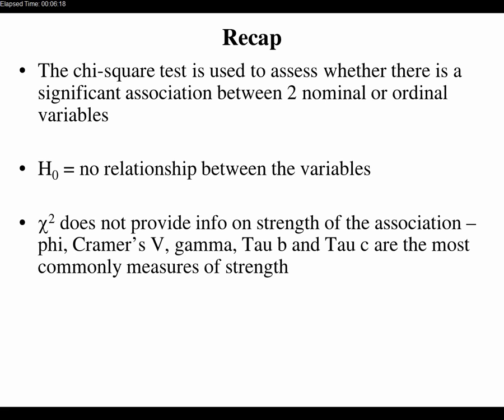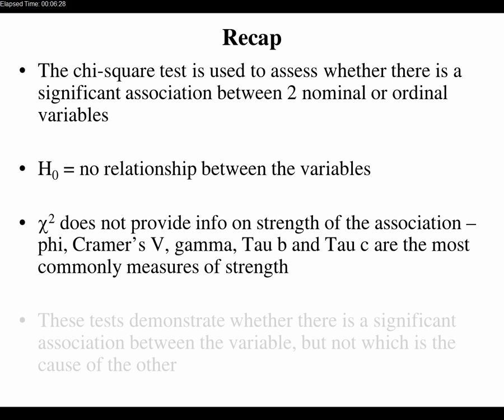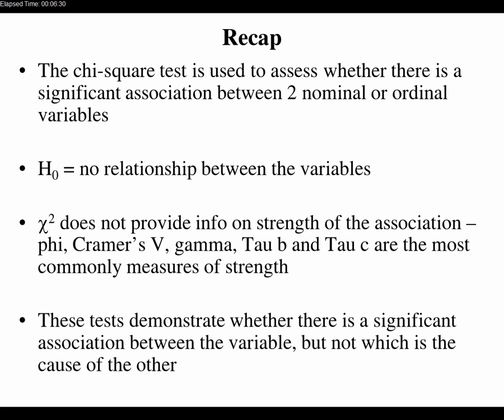For that, you need phi, Cramer's V, gamma, tau b, or tau c, and they're the most commonly used measures of strength between the variables. And all these tests demonstrate whether there is a significant association between the variables, but not which is the cause of the other. That's an important thing to remember.